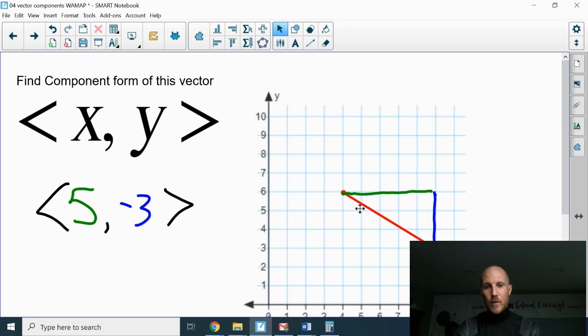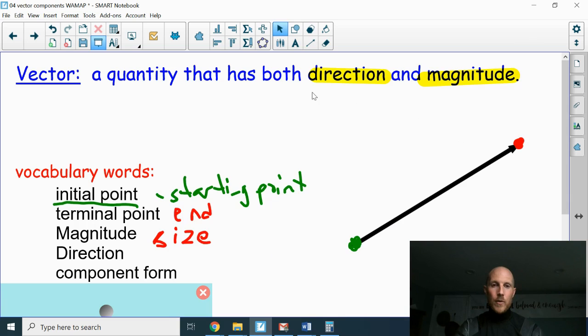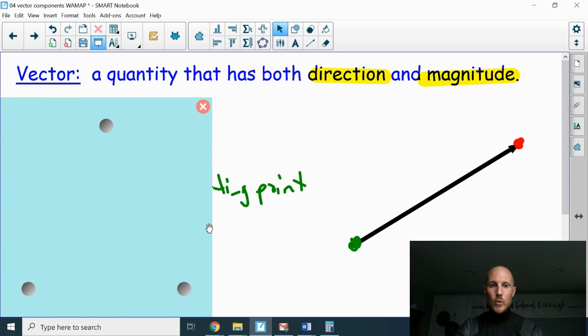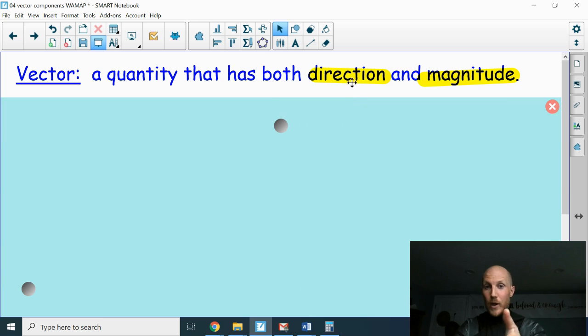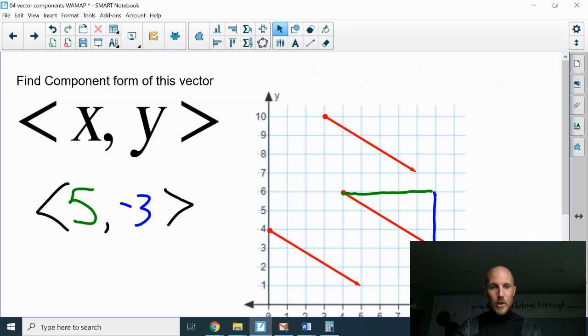This vector is still <5, -3>, whether I draw it here or here or here on the graph. All of those vectors are going to have the exact same component form, right? So location is not part of the definition of a vector. The only thing that is part of the definition of a vector is direction and magnitude, right? There's no mention of location in there.